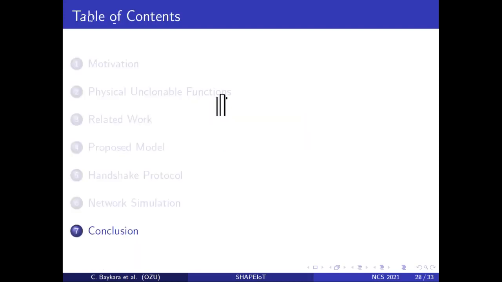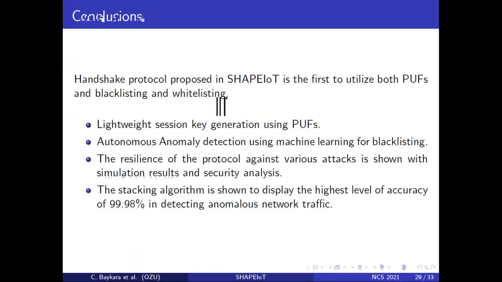To conclude my presentation, we proposed a secure handshake protocol, which is lightweight, which utilizes physical unclonable functions for the purpose of session generation and device discovery on IoT networks. We have used autonomous anomaly detection using machine learning for blacklisting.